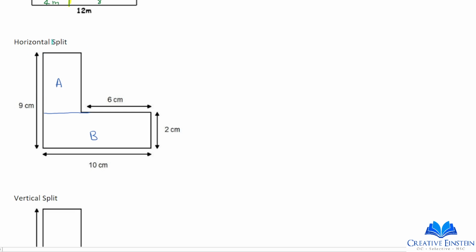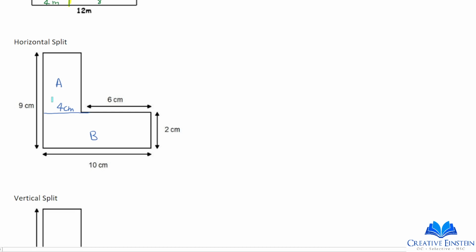I can see that my shape A, I don't have this length yet, but I can work it out because I know that this whole thing must be 10. And this is 6, which means my missing side must be 4 centimeters, because 4 plus 6 equals 10.